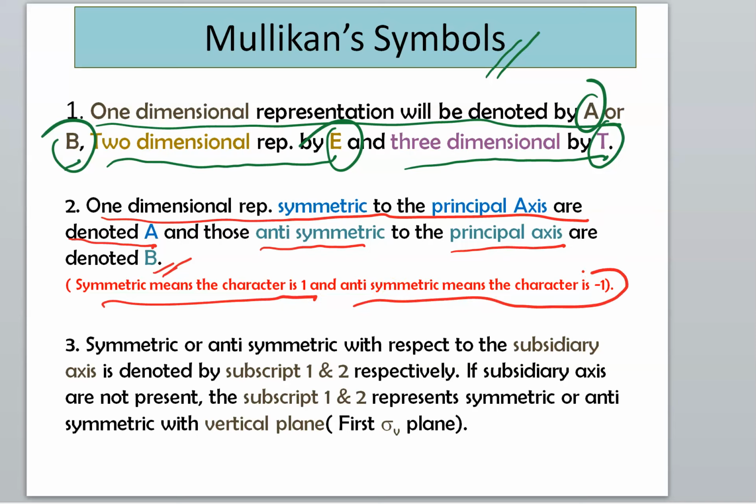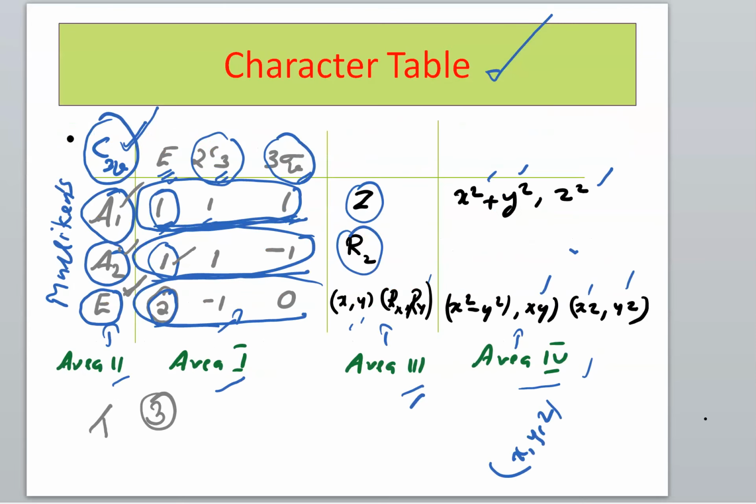For example, in the first example, C3 is the principal axis. Here the character is 1, that is symmetric, therefore it is A1. Here also it is symmetric, 1, therefore it is A2. If it is -1, then it will be B.